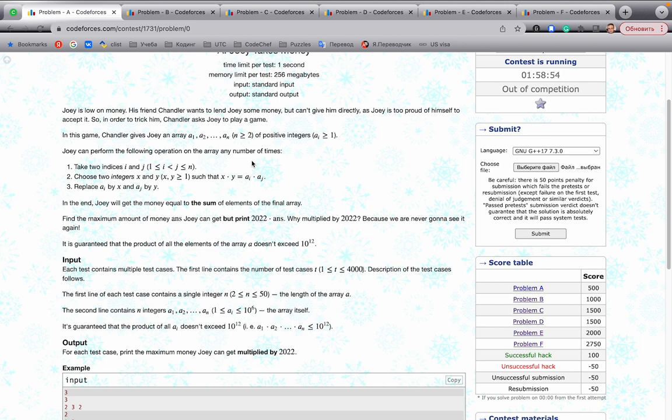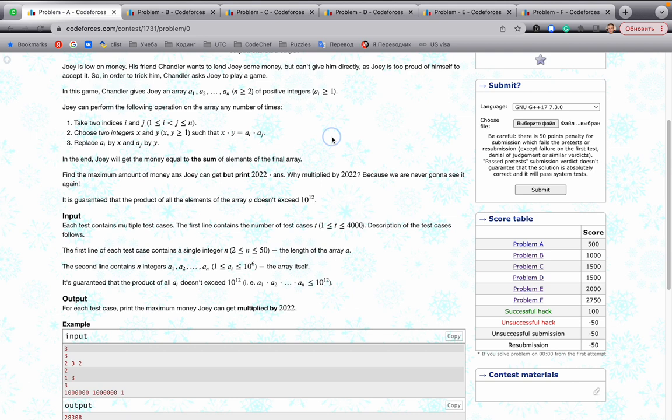So basically, we can do as many of such operations as possible. So the product of all the numbers should stay the same. So we have to choose n numbers with the same product. And we want to maximize the sum of those numbers.